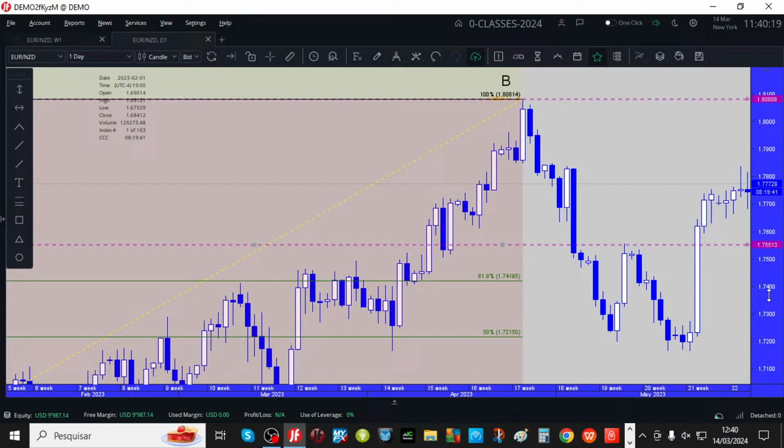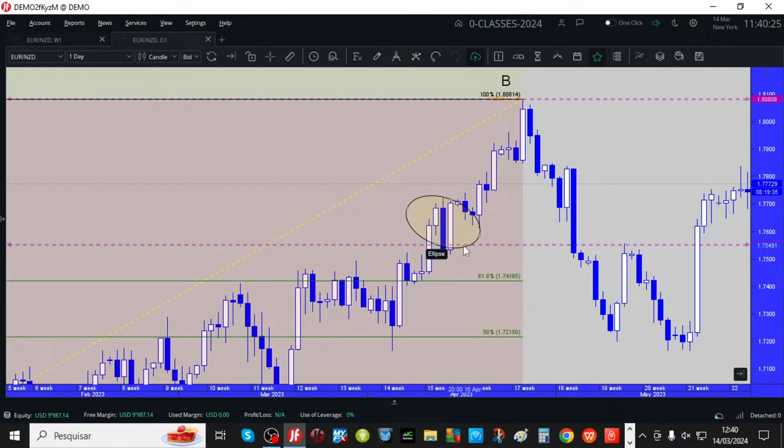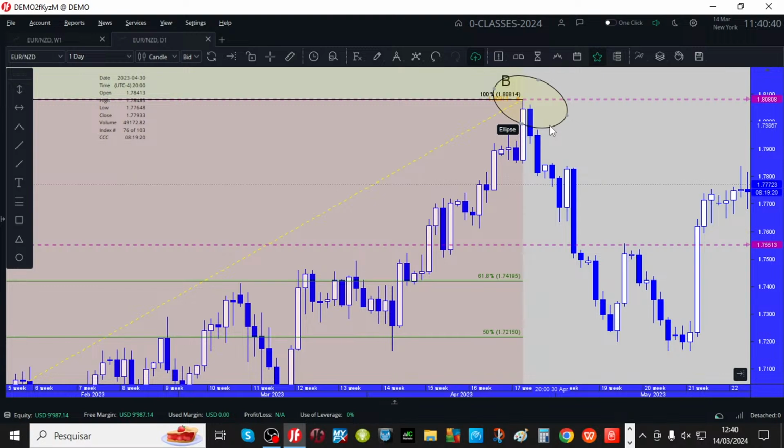So let's double check, right? Starting from the horizontal line here, moving forward, that's not a high. That's not a high, Melissa. That's not a high. That's not a high. Bam, that's the high. Do we agree?